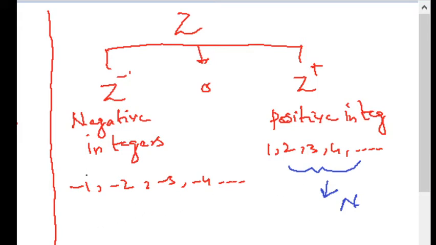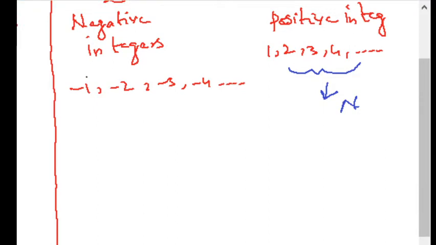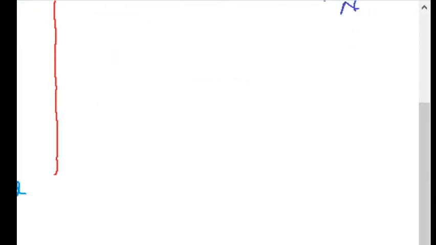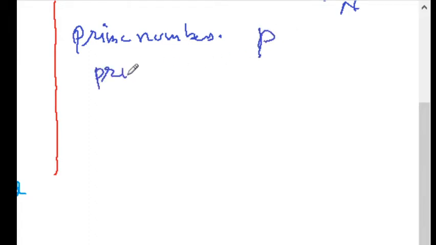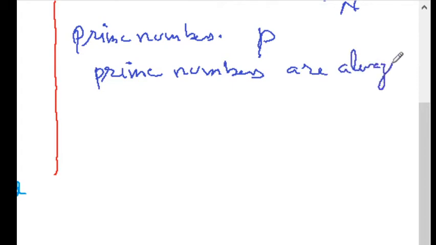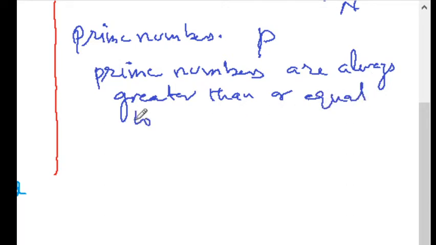Now the other type is prime numbers. Prime numbers are represented by P, and remember, prime numbers are always greater than or equal to 2.